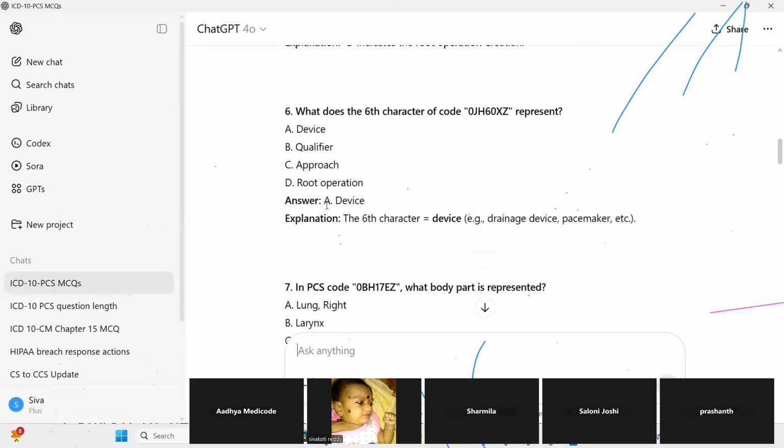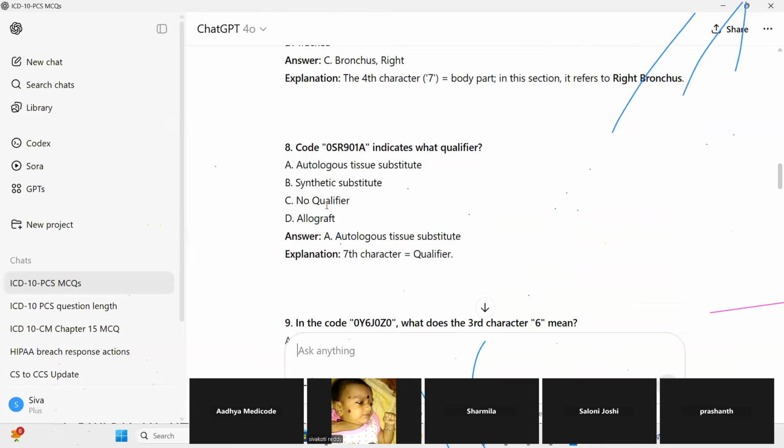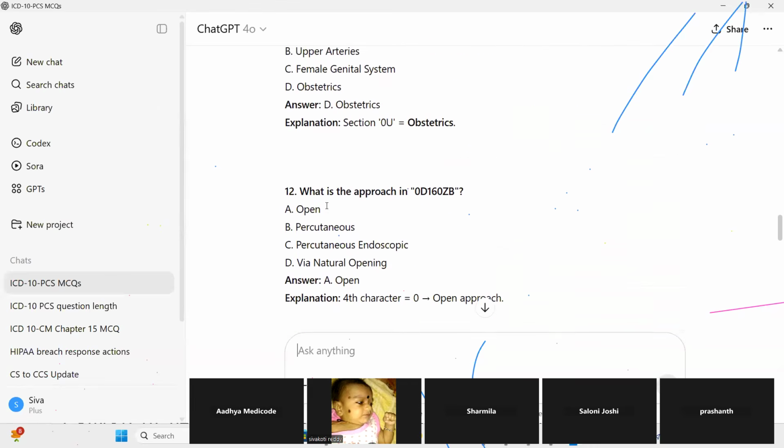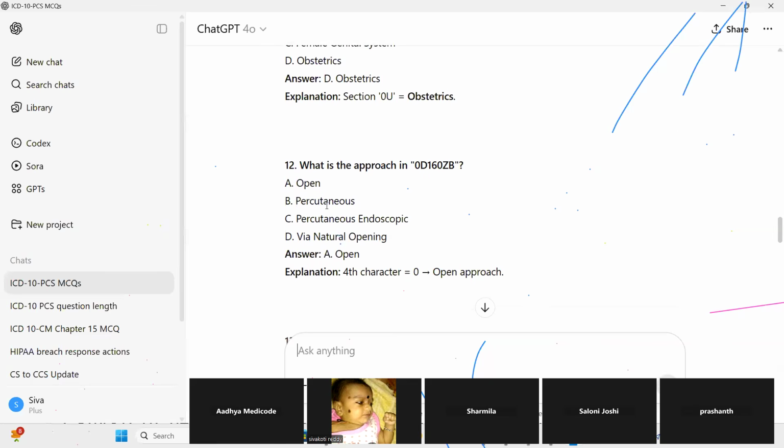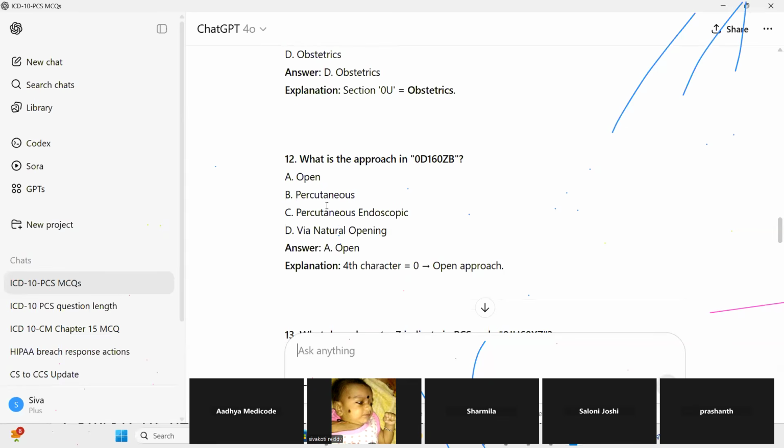All are root operations. What is the approach in the 12th question? Tell me. Open. Open is zero, right? Fifth character. Yes, sir.